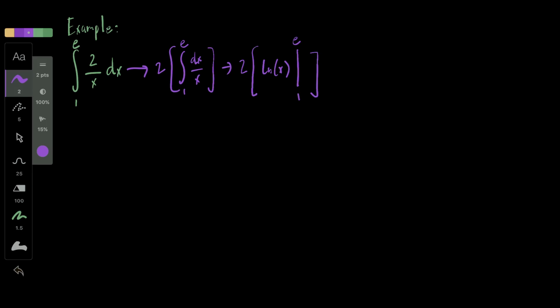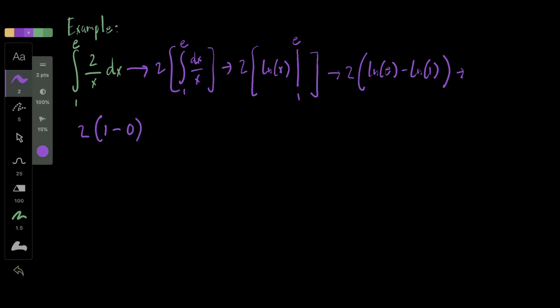So now we can do what we've covered about integrating definite integrals, which was covered earlier in our integration series. If you haven't seen that, be sure to check that out. We plug in e, so 2 times ln of e minus the natural logarithm of 1. Now, the natural logarithm of e is 1, so 2 times 1, and the natural logarithm of 1 is 0.